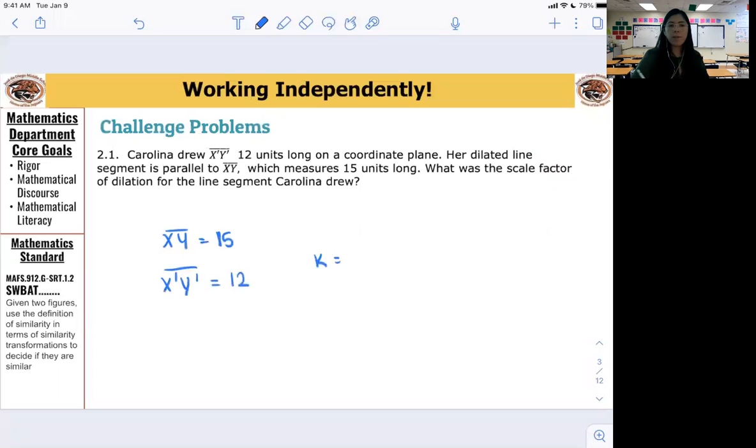So am I going to do 12 over 15 or 15 over 12? Good, 12 over 15. Can I simplify that?